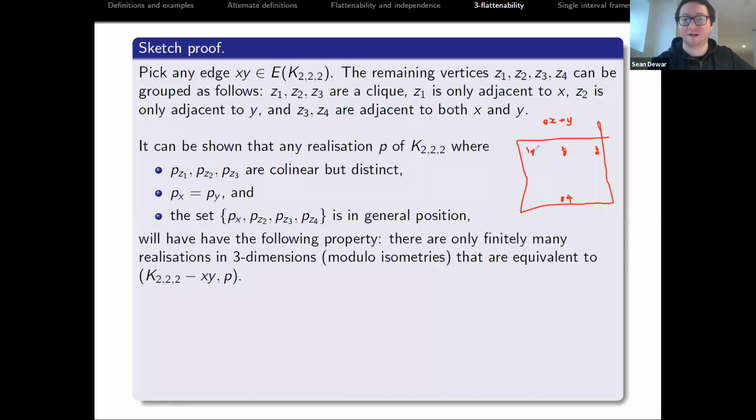And the reason is basically the edges that we have remaining go like this. So the edges that we have to fill in: Px is joined to Z1, Z3, and Z4.